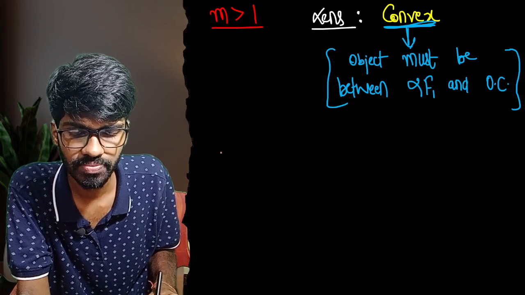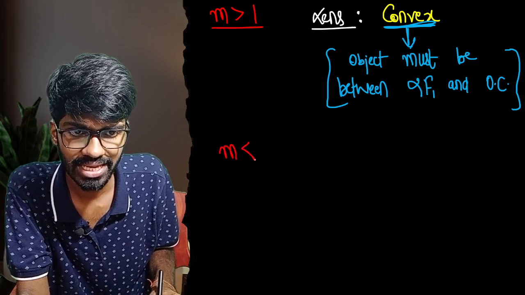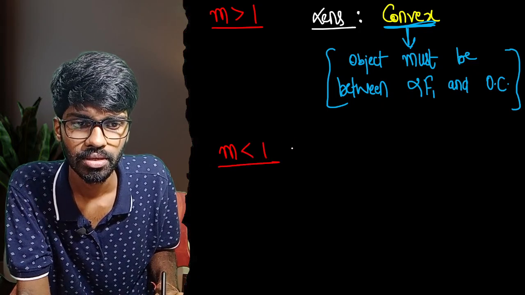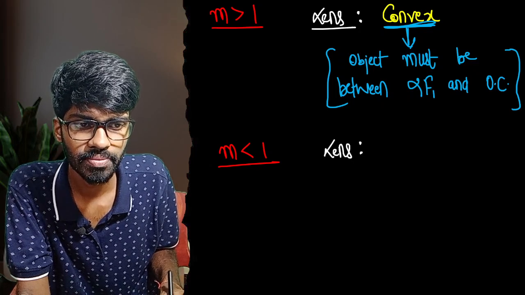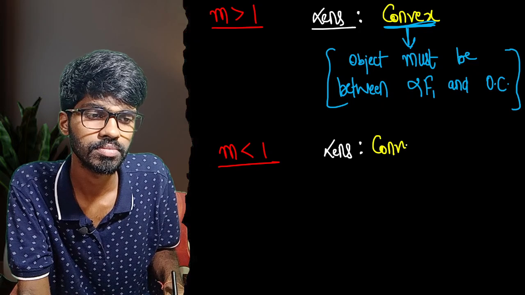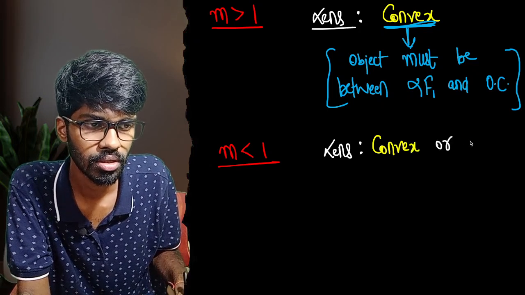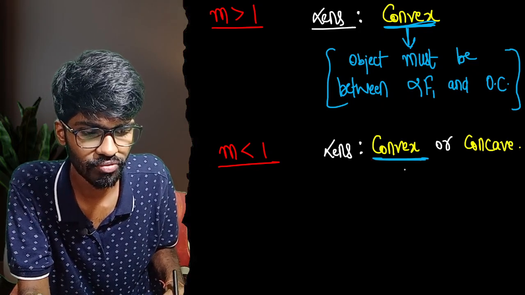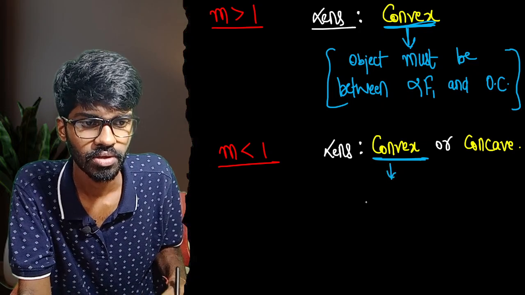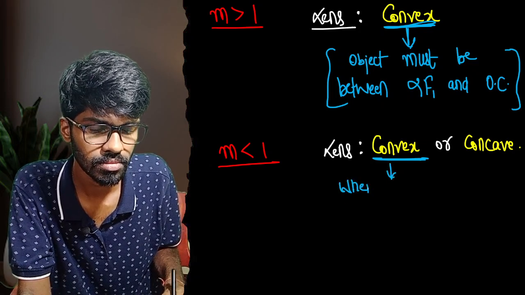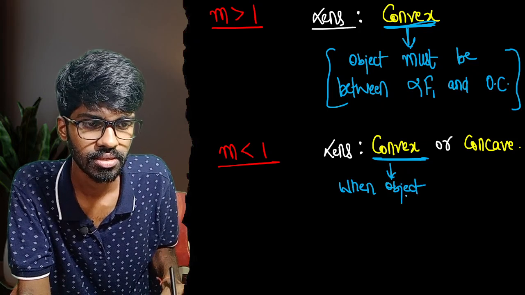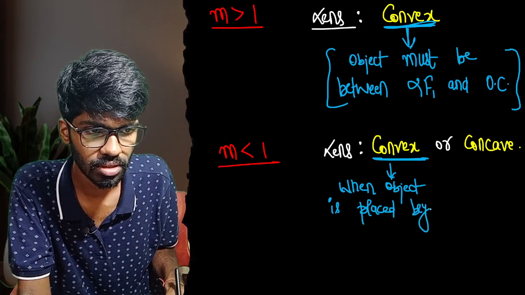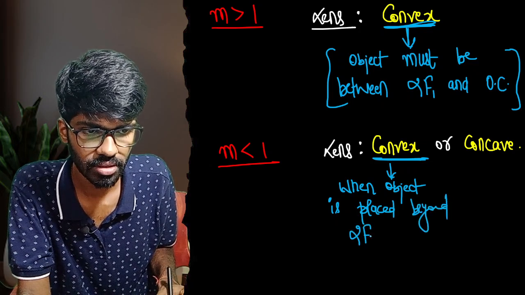Let's write the same for the case when magnification is less than 1. In that case, the lens can be either convex or concave. For the convex lens, this is when the object is placed beyond 2F1.